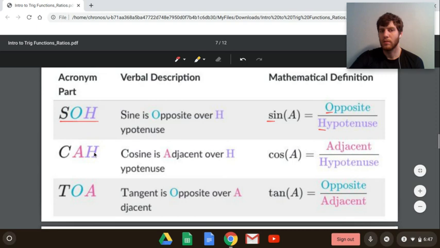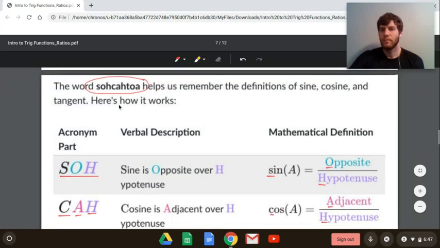CAH: cosine is going to be adjacent over hypotenuse. And TOA was your tangent, so tangent is going to be opposite over adjacent. So we're going to use SOHCAHTOA as a mnemonic to remember the trigonometric ratios for each of our three trig functions, sine, cosine, and tangent.